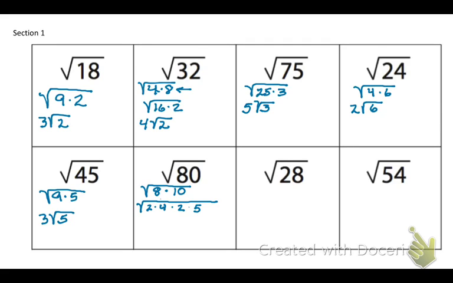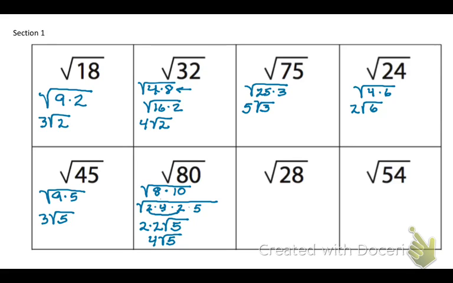So we have 2 squared, so that can come out, and then we have a square root of 4, and that can come out. So square root of 4 is 2, so I have a 2 times 2, and 5 is left in the radical. 2 times 2 is 4. So the answer is 4 times the square root of 5.